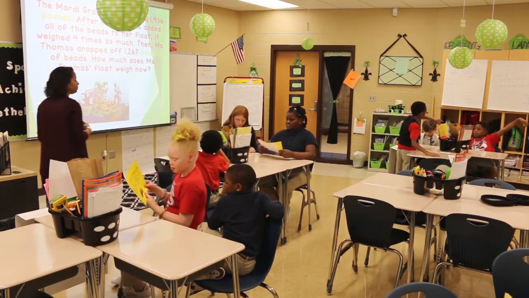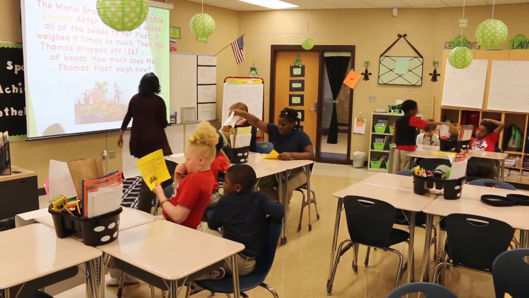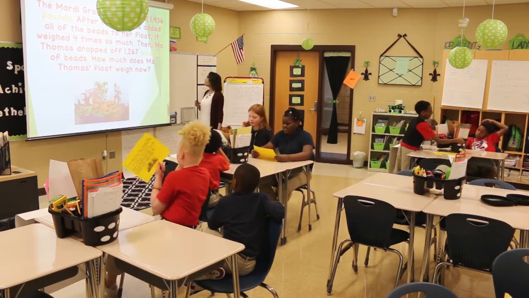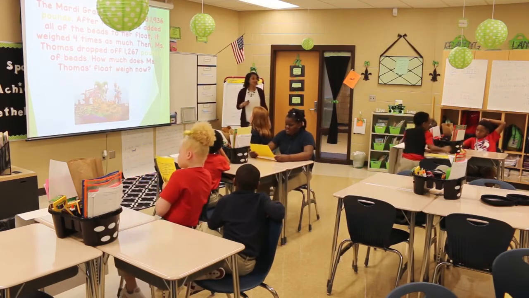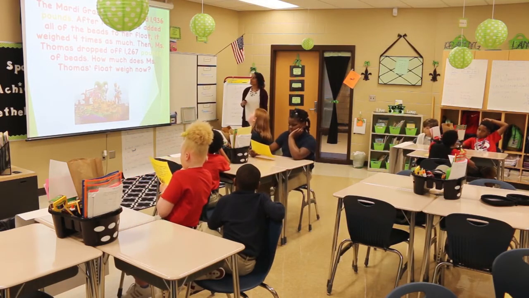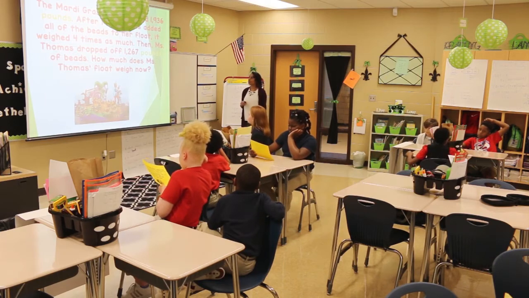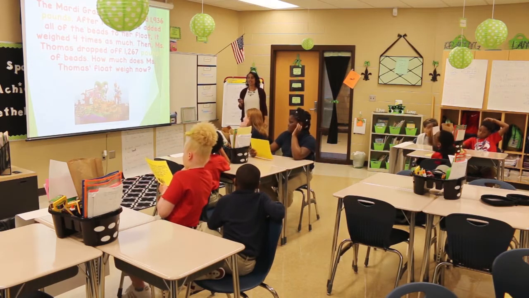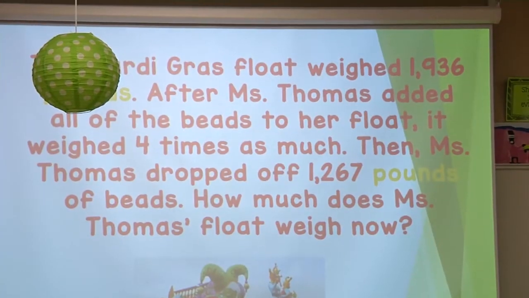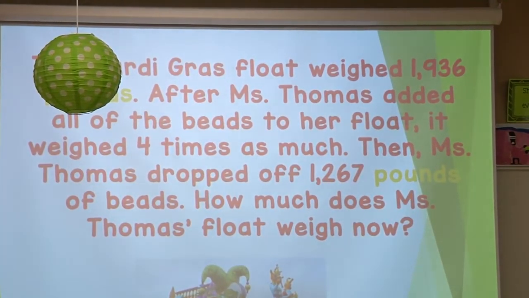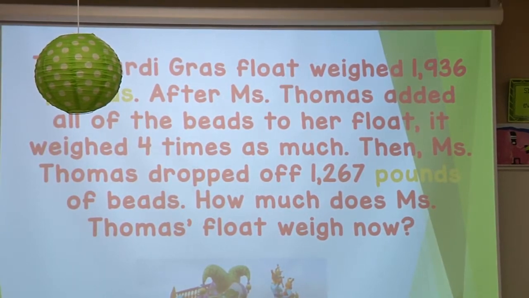It says that the Mardi Gras float weighed 1,936 pounds. After Miss Thomas added all of the beads to her float, it weighed 4 times as much. Then Miss Thomas dropped off 1,267 pounds of beads. How much does Miss Thomas' float weigh now?